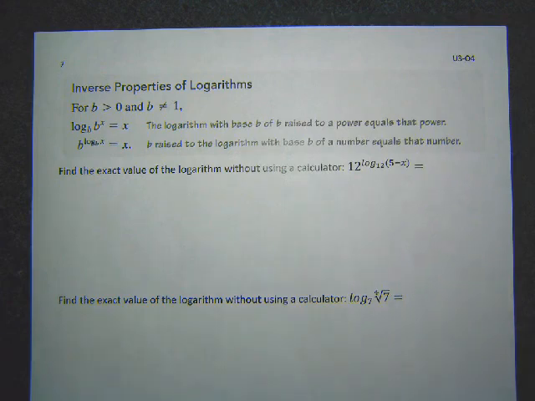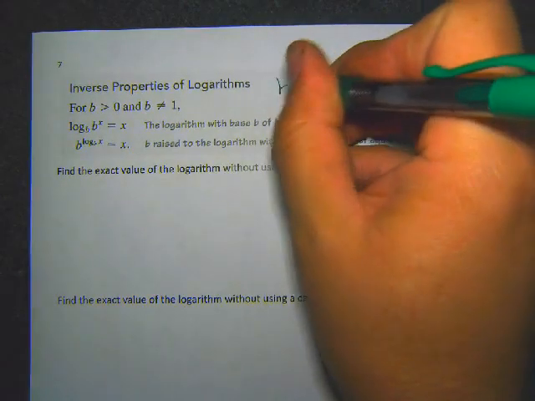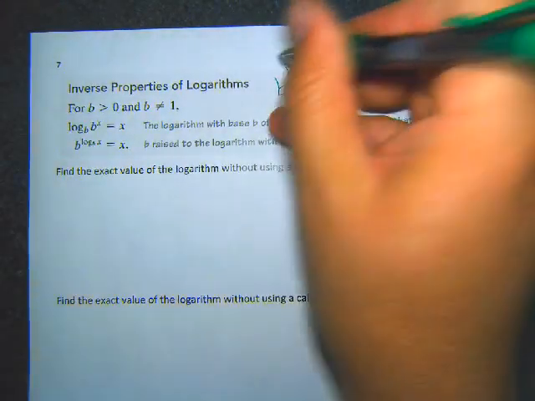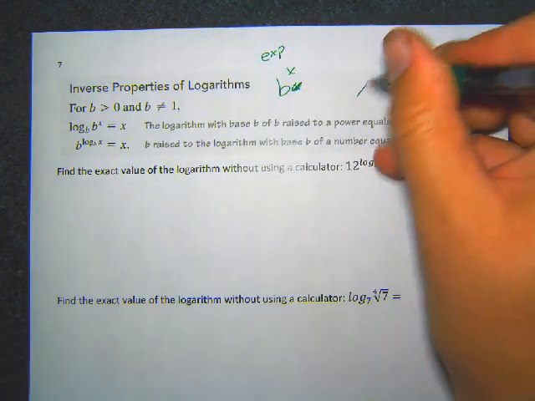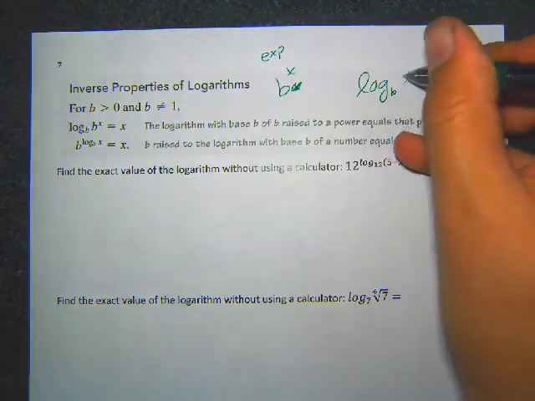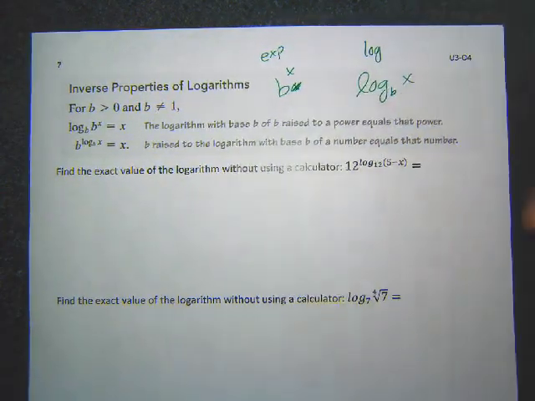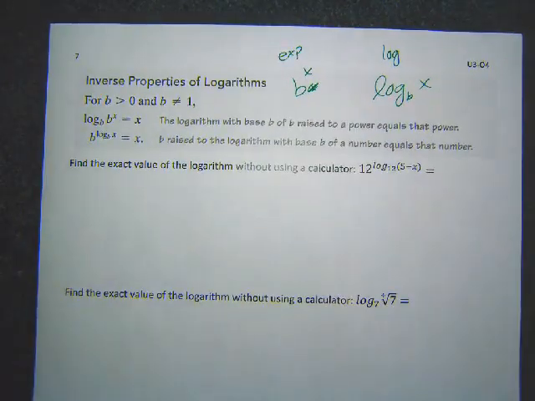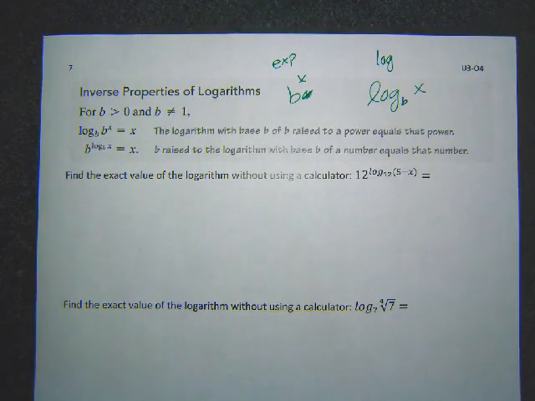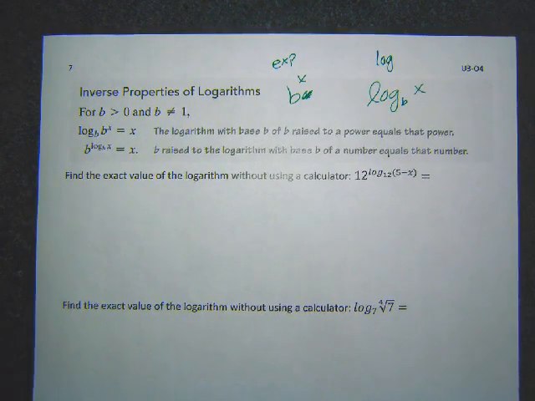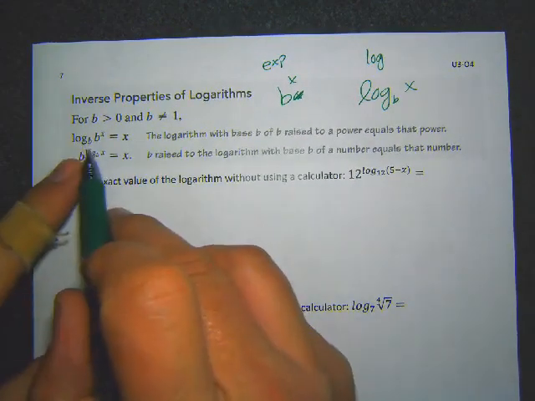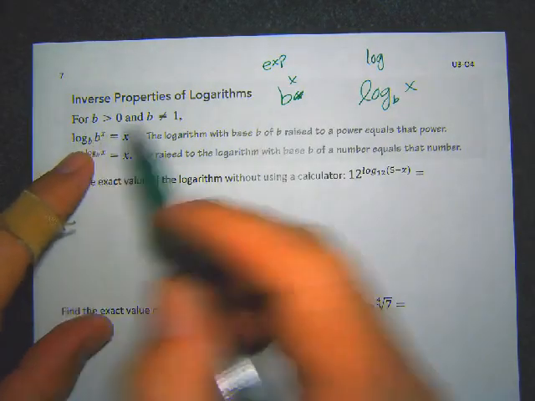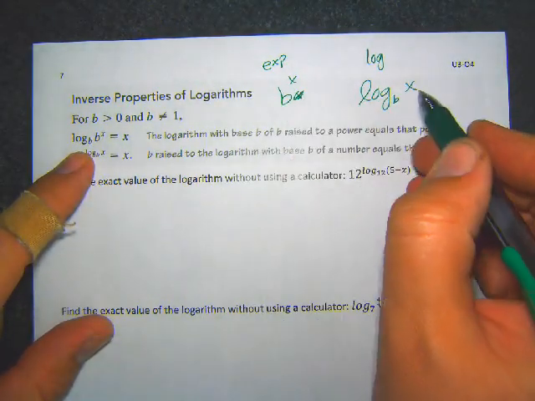Well, b to the x, the exponential function, and log base b of x, the log function, those are inverse functions. They're opposites. So if you combine them, they do cancel. That means if you have an expression like log base b of b to the x, this is where you take the b to the x part and plug it in here.